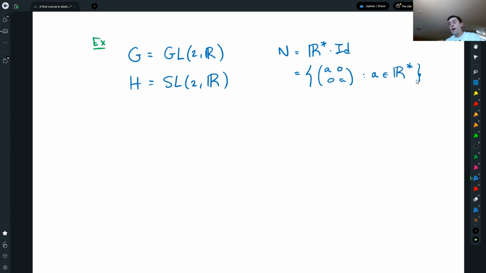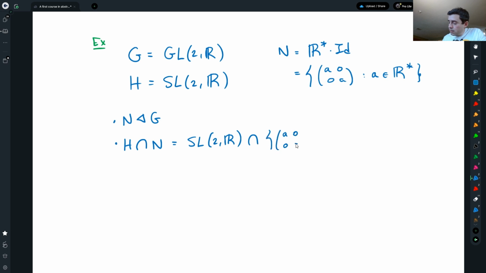It turns out that N is normal in G, and then what is the intersection of H and N? That is SL2, the 2 by 2 matrices with determinant 1, intersected with the matrices that are multiples of the identity.